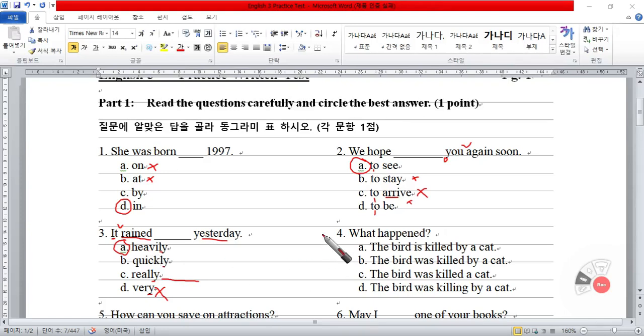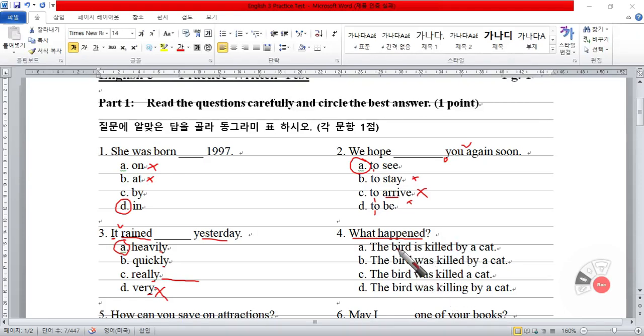According to number 4, we're not given very much information in the question. What happened? So obviously something happened. The subject is the same for each question, and it looks like the object is the same too. So we're looking for action transfer here.